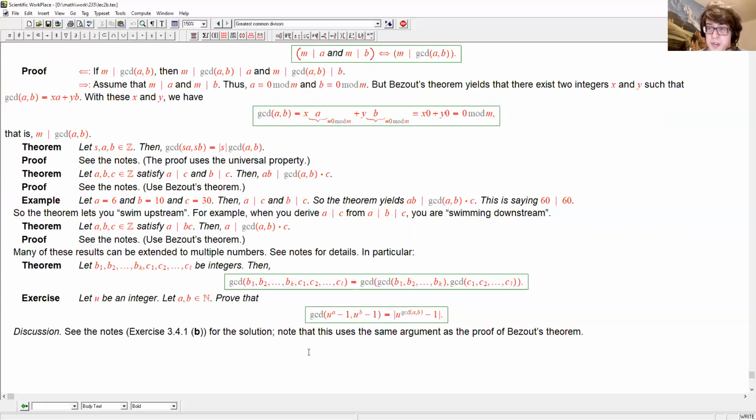So you assume that a is less than or equal to b, you assume that a is positive, and then you subtract a from b and argue that if it was true after the subtraction, it's also true before. If you look at the homework, this is very similar to the Fibonacci exercise that says that GCD of F_a, F_b is F of GCD of a, b for the Fibonacci numbers.